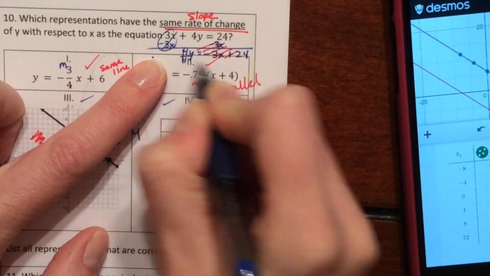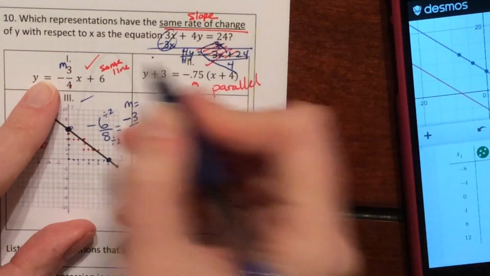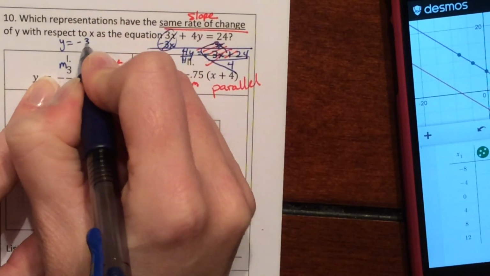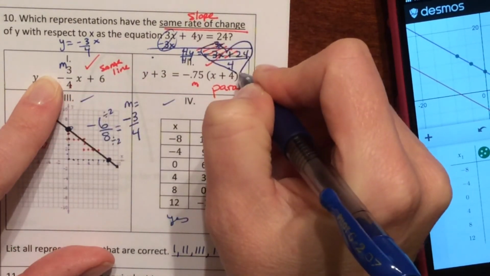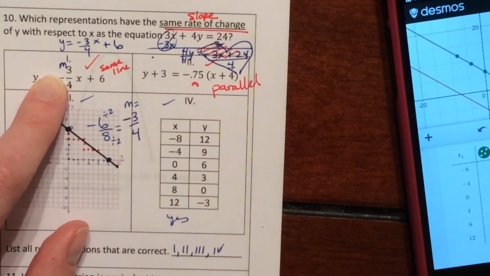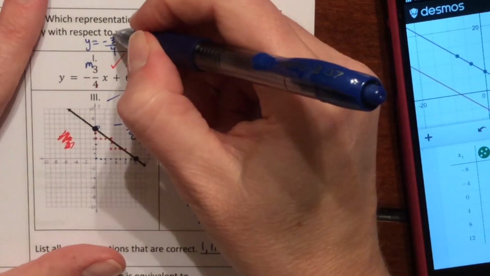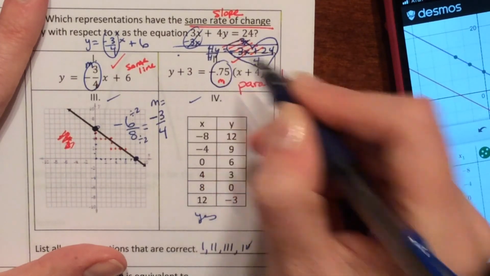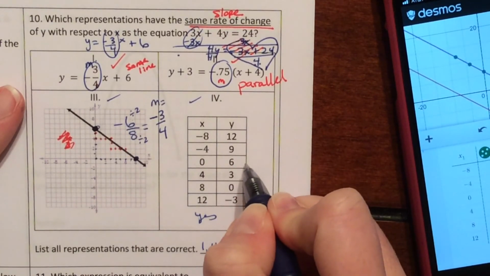And when you divide by 4, you would do it on both sides. So I'm going to rewrite it off to the side here. y equals -3x over 4. And the other side, 24 divided by 4 gives you 6. So you can see with your numbers that your slope, -3/4, matches this slope, matches this slope. We had to do a little bit of work here, but you could also match it this way.